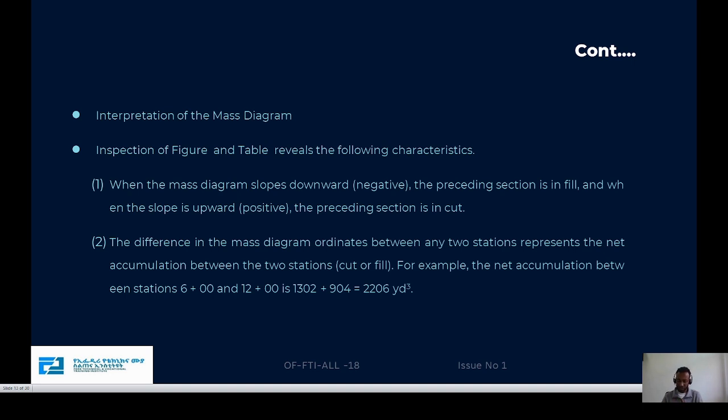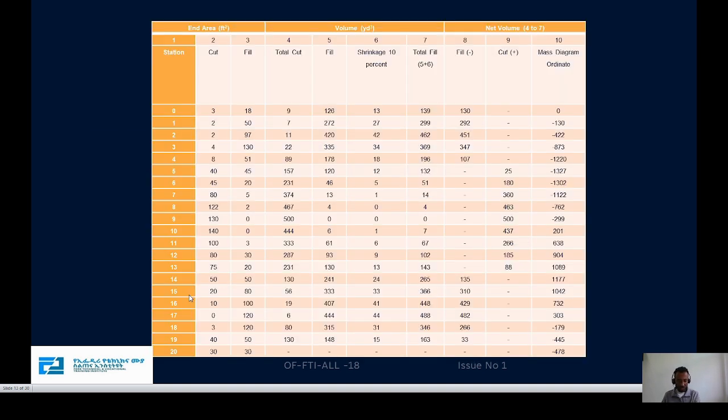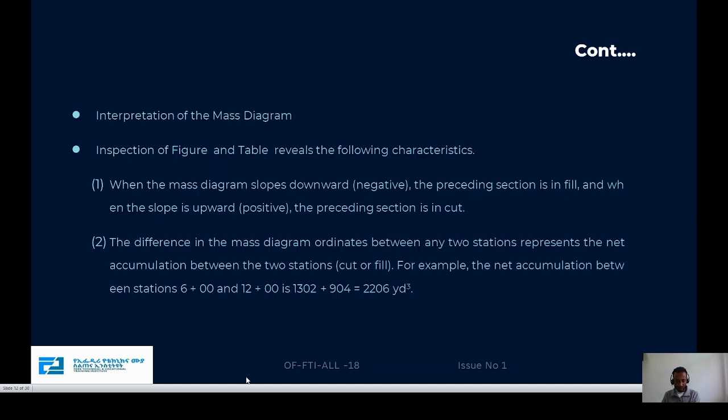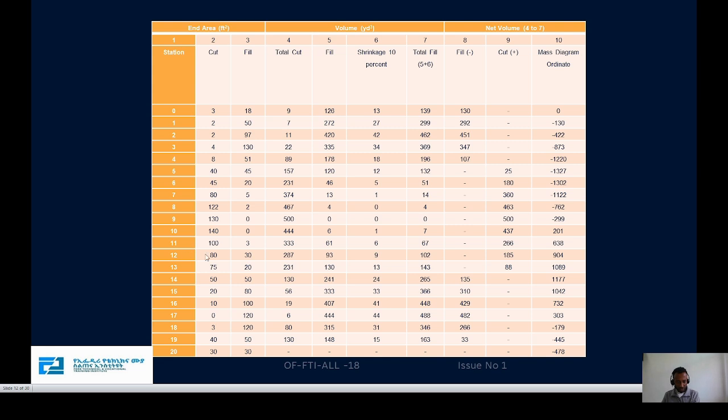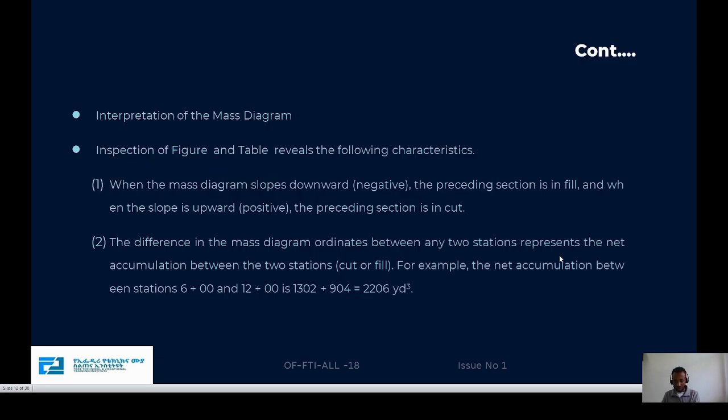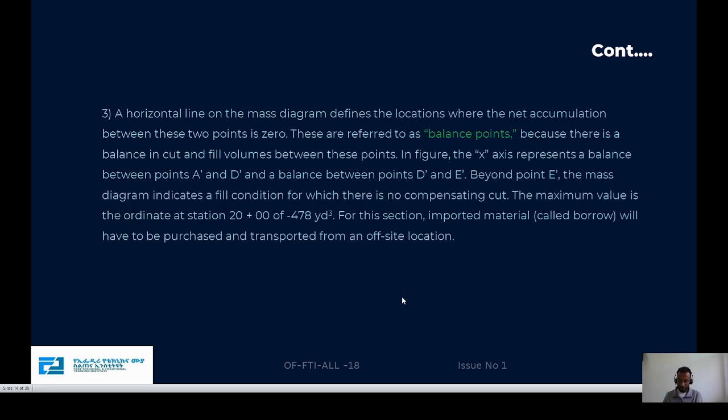For example, at station 6 the cumulative is negative 1302, and at station 12 it is 904, so this is the net cumulative value.